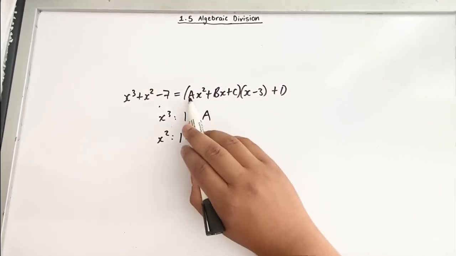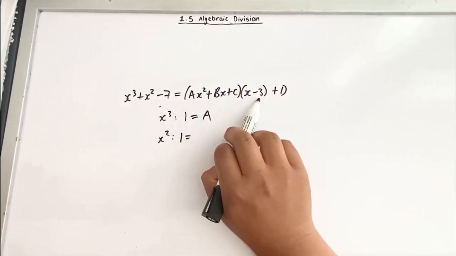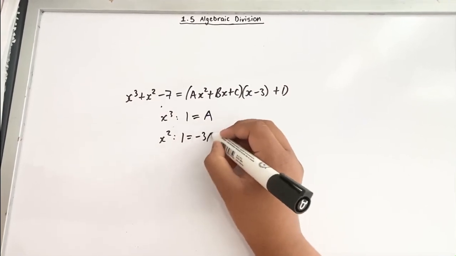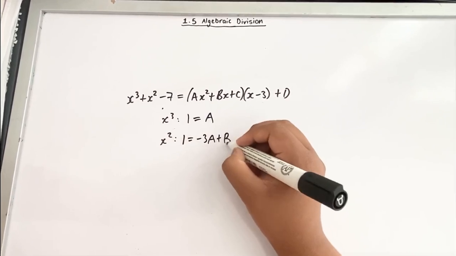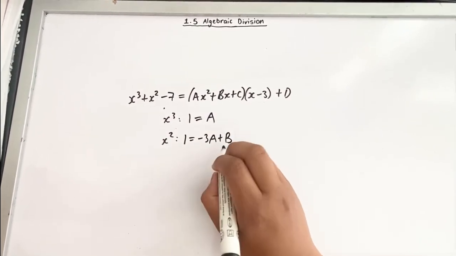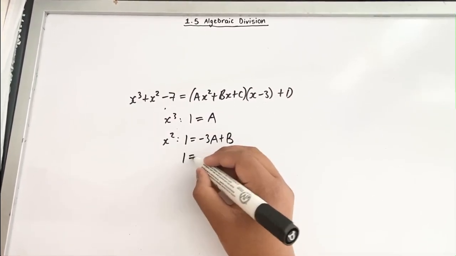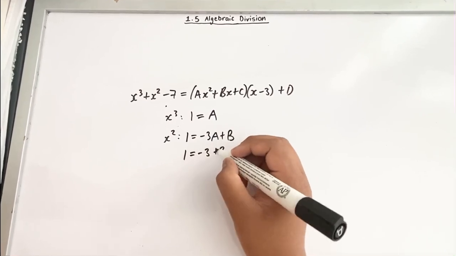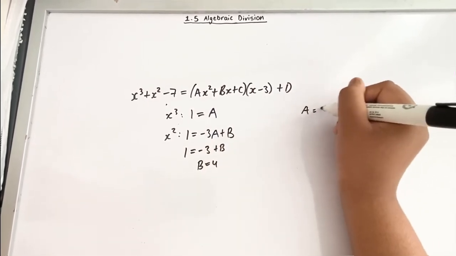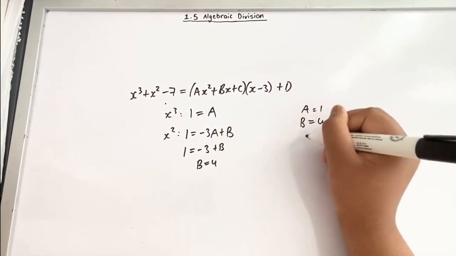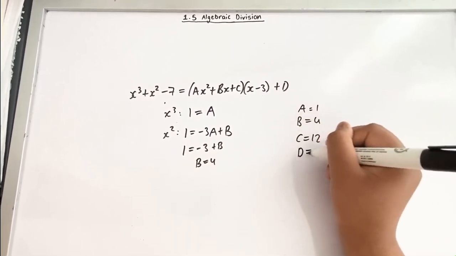Here, we can multiply the a by minus 3, so it can be minus 3a plus b times 1, plus b. And we know a is 1. So that's the same as 1 equals minus 3 plus b. So b equals 4.